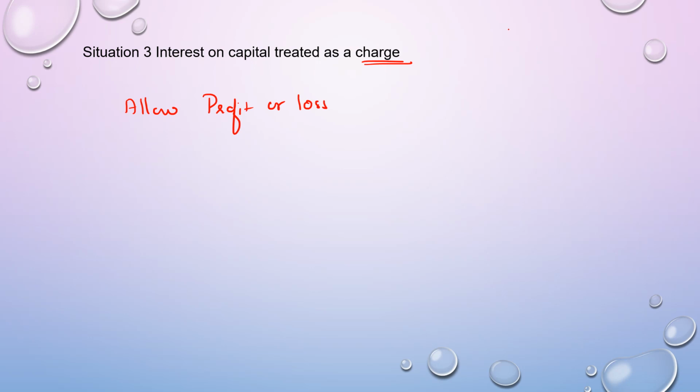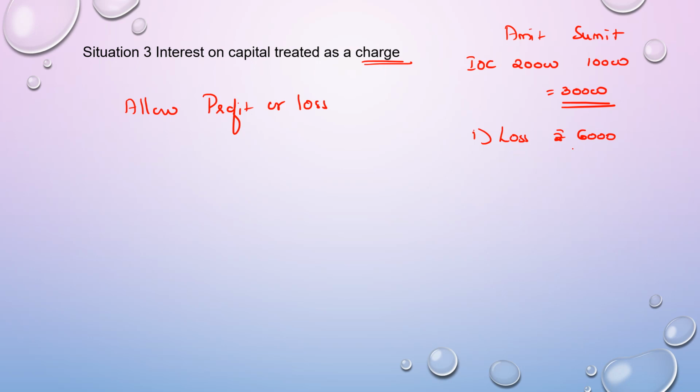Take the same situation: there are Amit and Sumit, who have interest on capital of 20,000 and 10,000, so 30,000. Now suppose they had a loss during the year of, say, 6,000. Under such circumstances, this 30,000 will be allowed because they have agreed in the deed that interest on capital is to be treated as a charge.